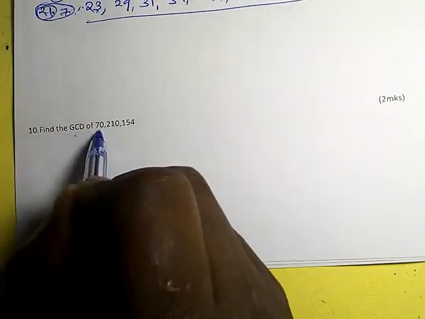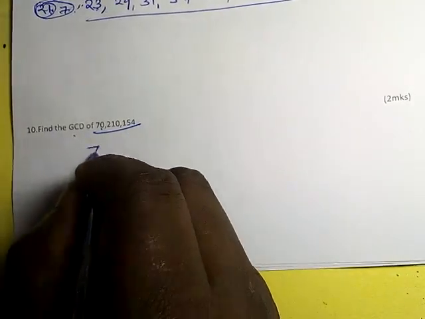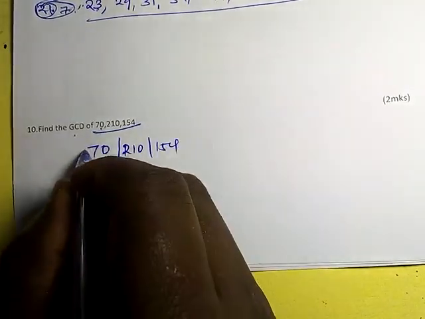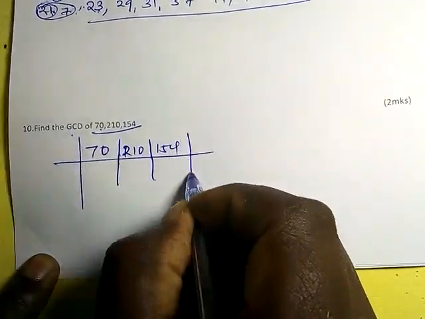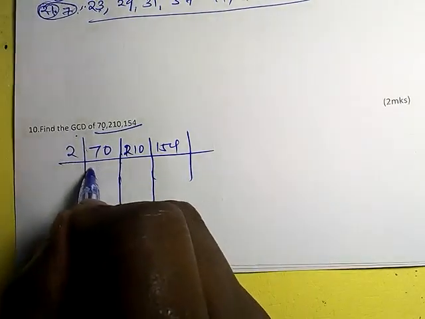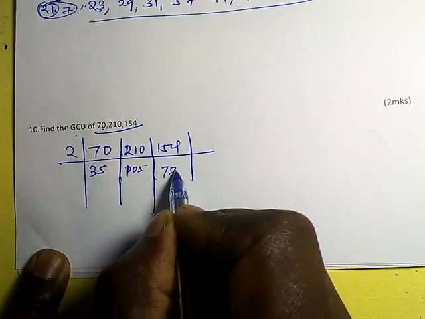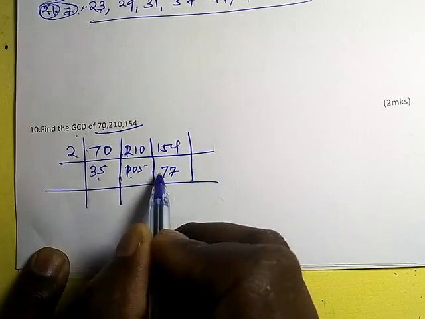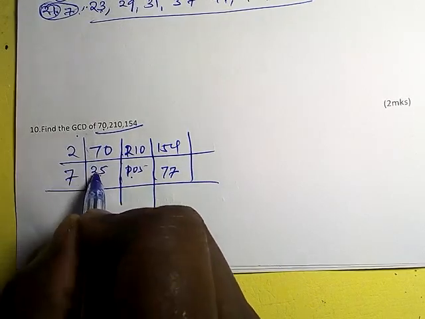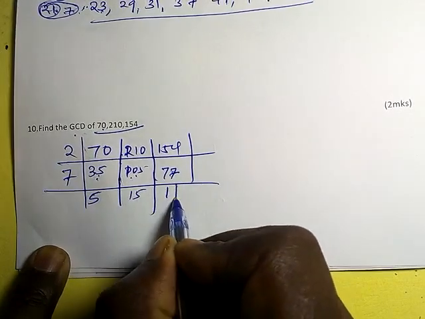Find the greatest common divisor of these numbers. The greatest common divisor is the number that can divide all of them. For that we use this method. 210, 154. As you can see, 2 can divide every number here, so we start with 2. 35, 105, and this one is 77. 2 cannot divide here, 3 cannot divide here, so we go to 7. 7 will go here 5 times, here 15 times, and here 11 times.